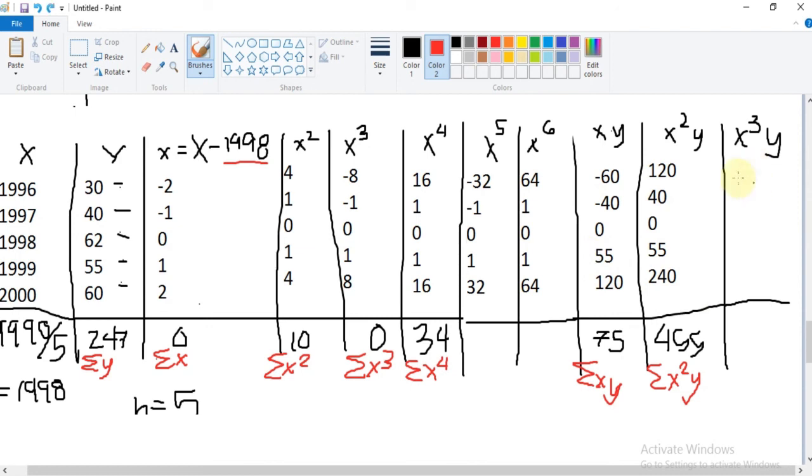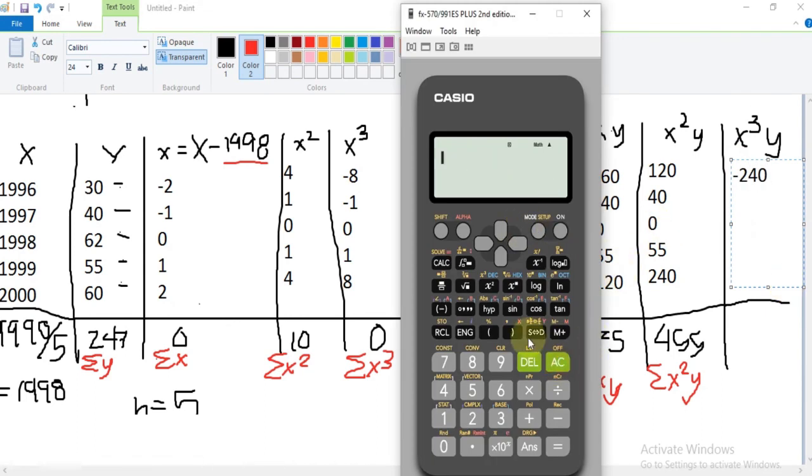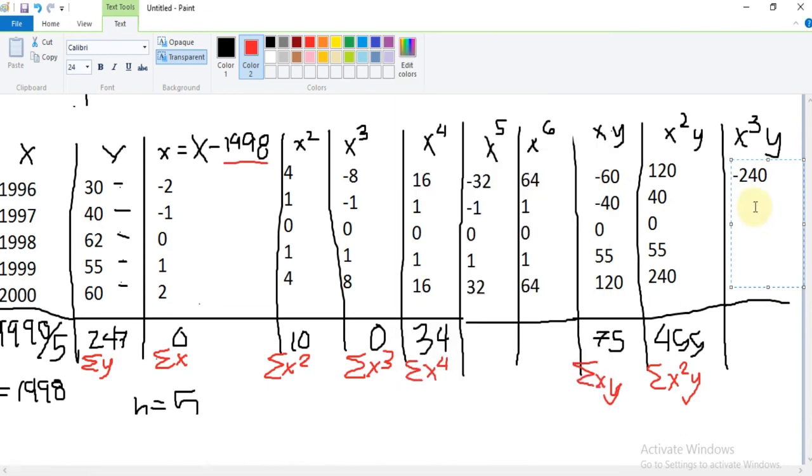This one is negative 240. Next is negative 1, negative 1 cubed, times 40, so negative 40. Negative 40. This one is 0 now, guys.